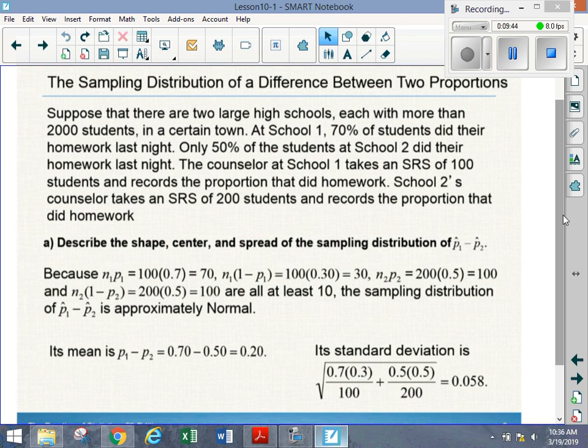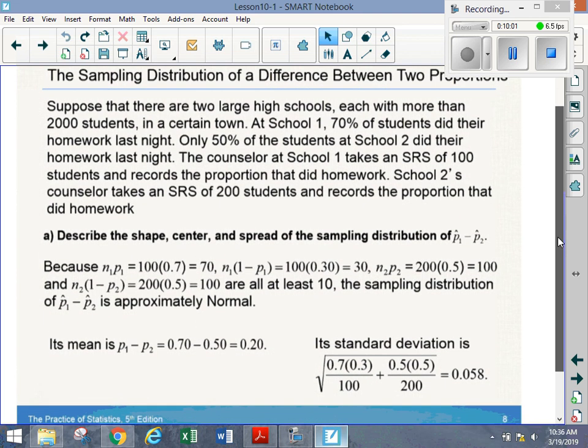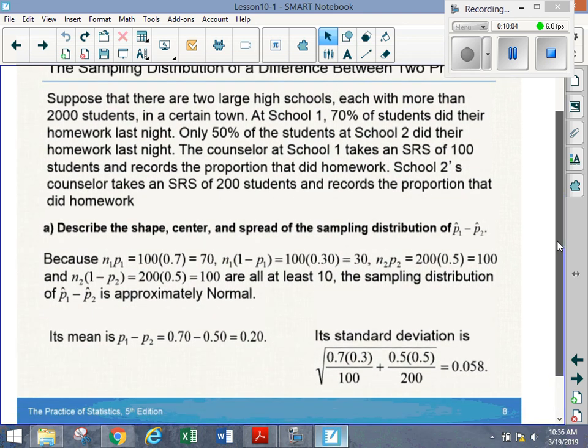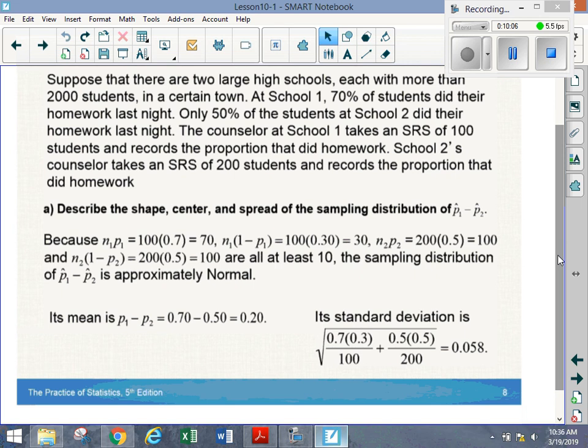We'll check that against our n sub 1, our sample size from school 1, and n sub 2, our sample size from school 2, to make sure that the distribution is approximately normal. And you can see there that it is. The mean is easy to calculate. And then for our standard deviation, we're going to plug that into the formula. No big deal.